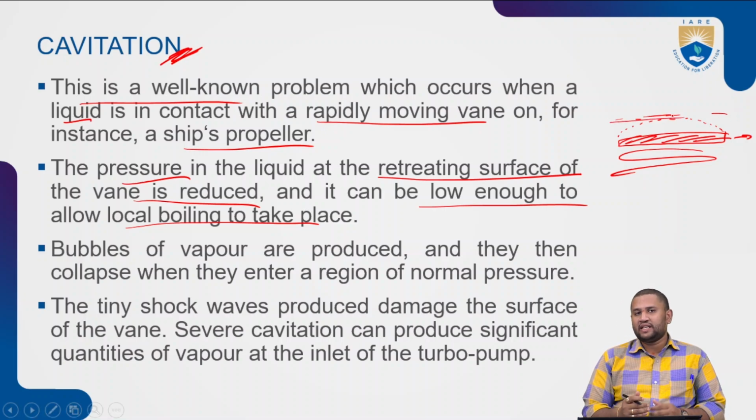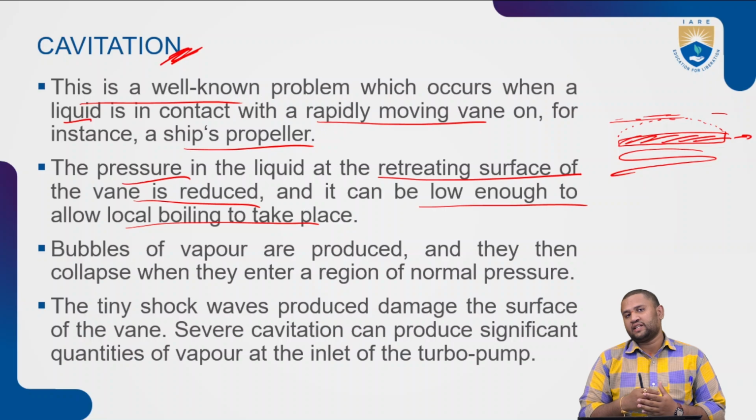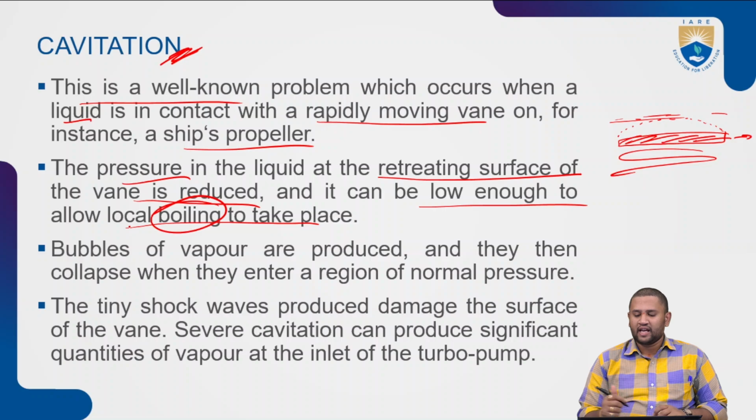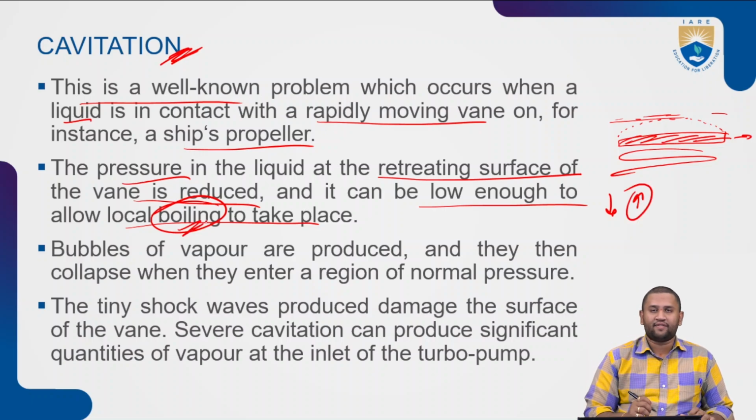As the vane is moving at a faster pace, the area near the blade will have its local pressure reduced enough that the water particles around the vane tend to boil, right? As the pressure drops, the water molecules expand, which creates the boiling effect.